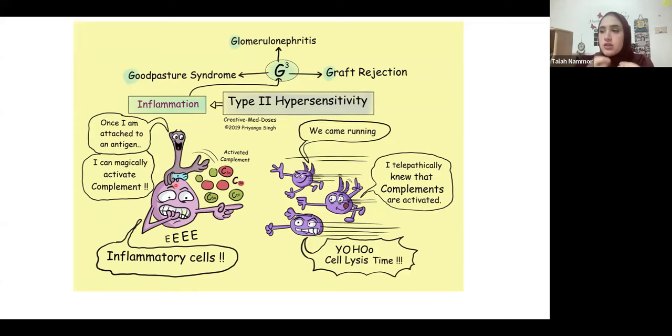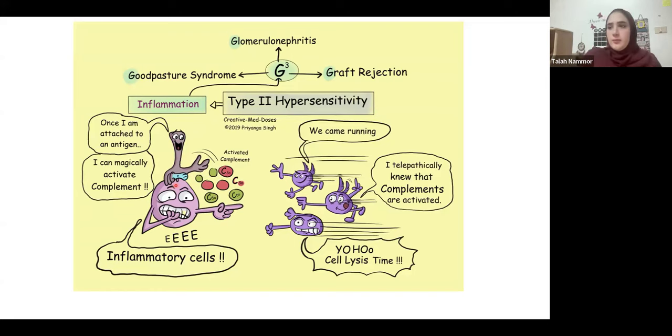Now, if you do not treat this in the best way, in the way that you should treat it, what happens is something called molecular mimicry. And by molecular mimicry, what does that mean? Our body is going to mistake our own cells for whatever it attacked due to this bacteria.